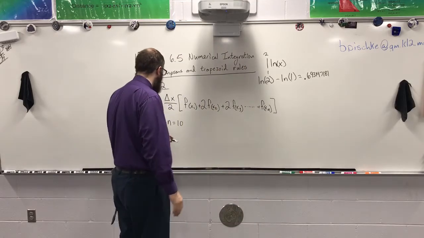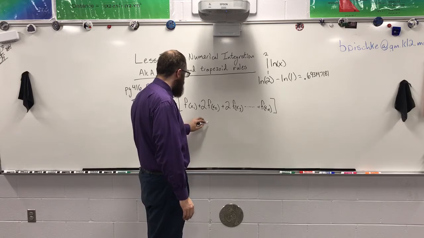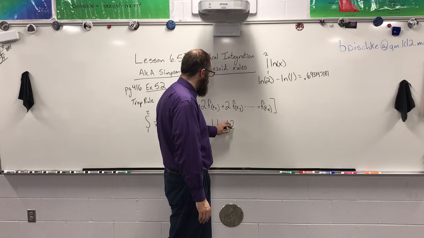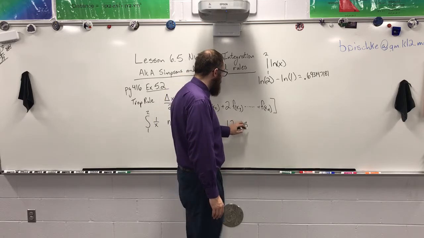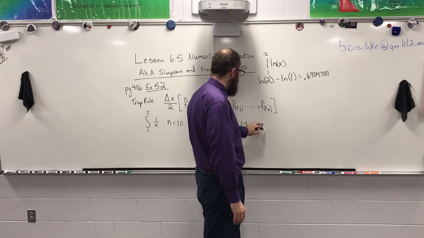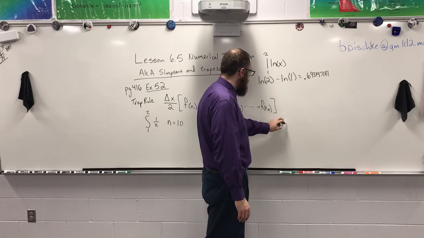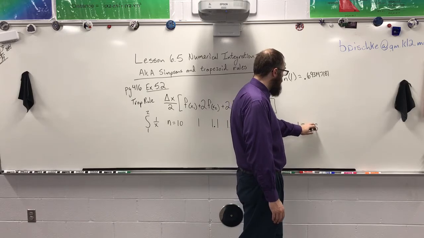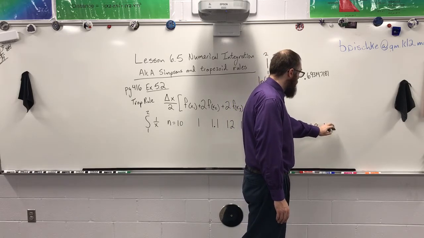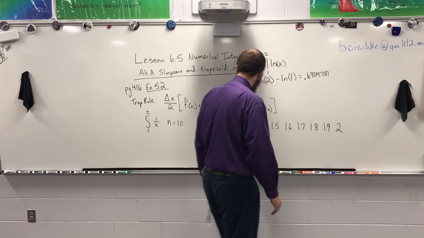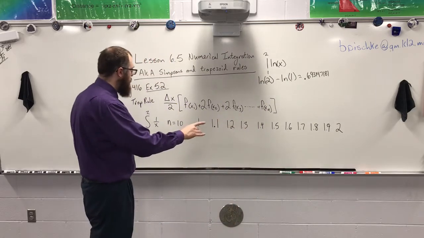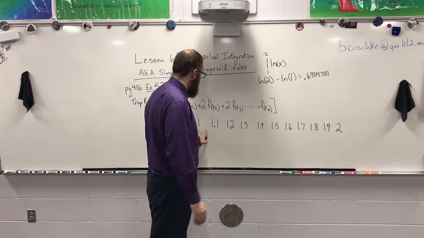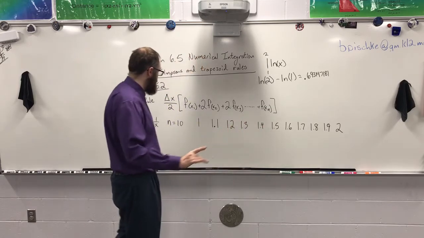So my zones are 1, 1.1, 1.2, 1.3, 1.4, 1.5, 1.6, 1.7, 1.8, 1.9, and 2. Those are the zones that I need to break this up into. Now my delta x is the distance in each zone, which is 0.1.